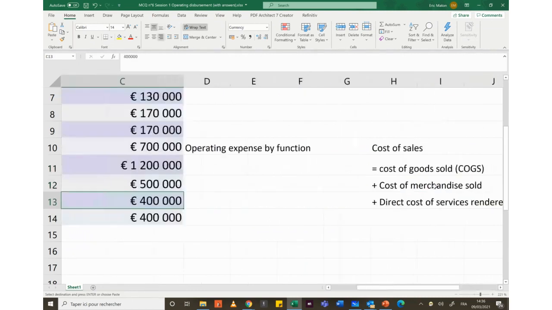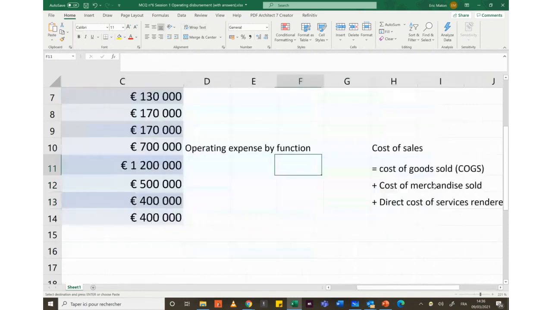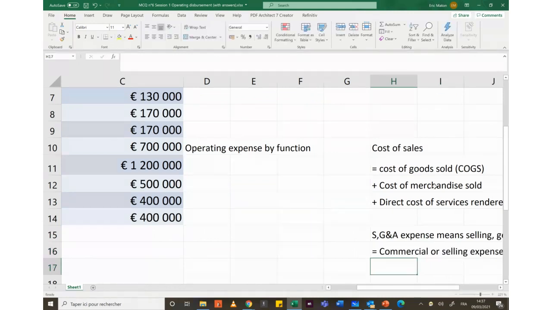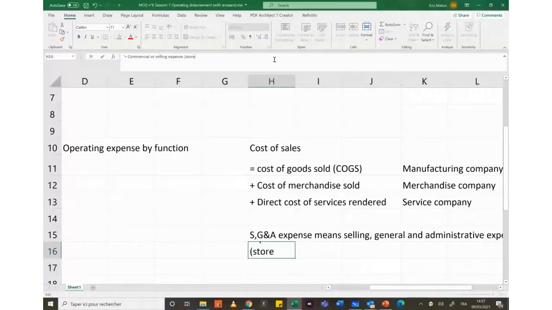So here is operating expense by function. SG&A expense means selling, general and administrative expense. In this one, you have the commercial or selling expense, so all the expenses because of the stores.